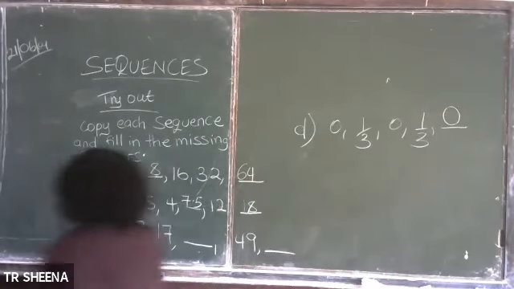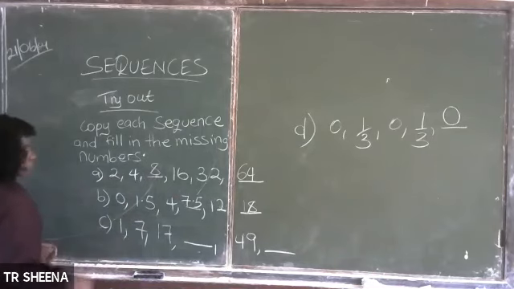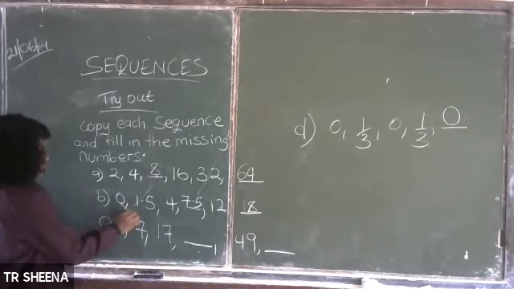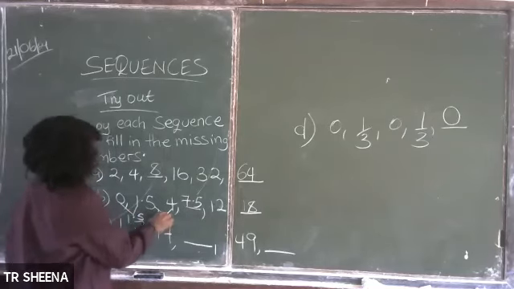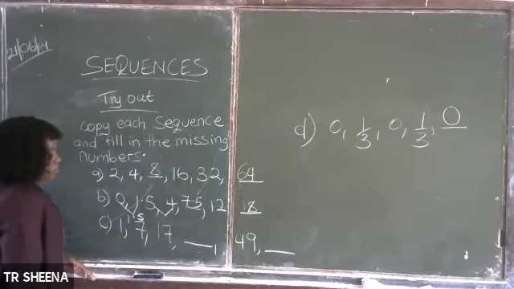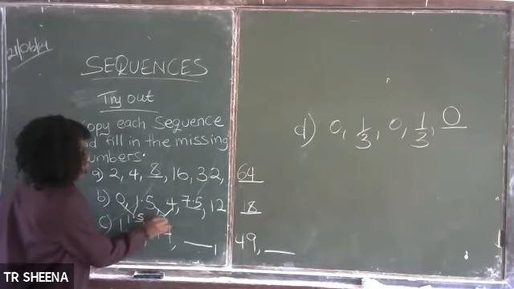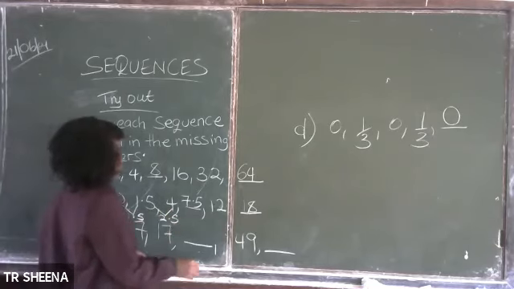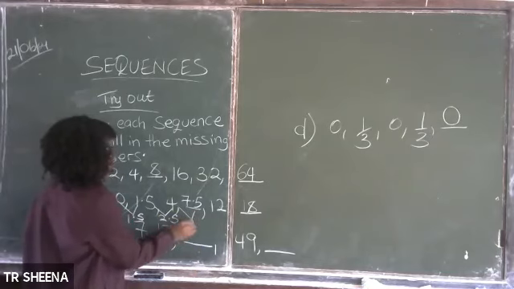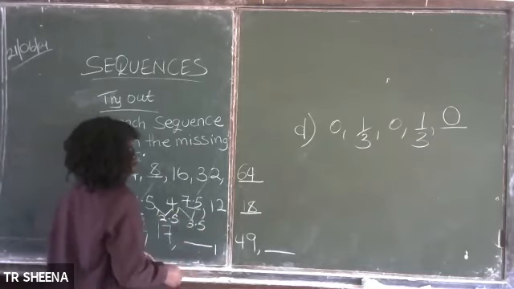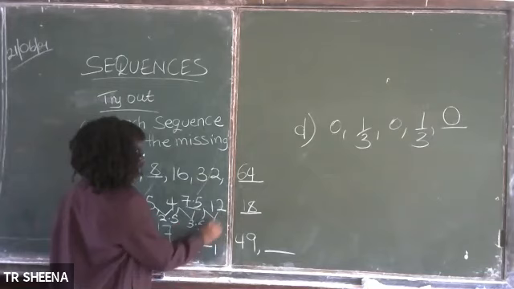So when we add 0, you'll see your next number is 1.5, we have added 1.5. In order for you to get 4, I subtracted 1.5 from 4 and then I got 2.5. For the next number, you add 3.5 because the number is increasing and you get 7.5. From there you add 4.5 and you get 12.